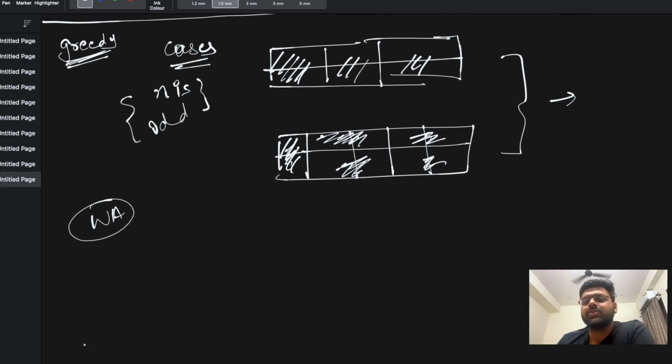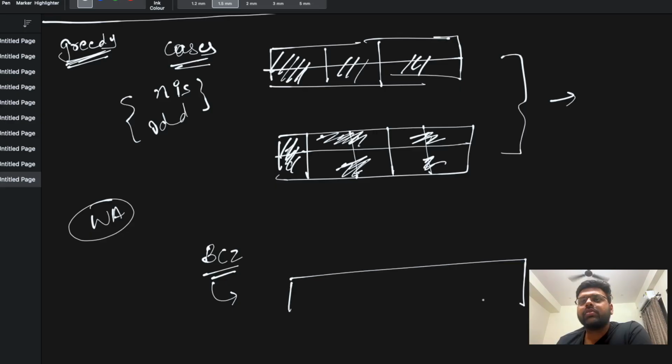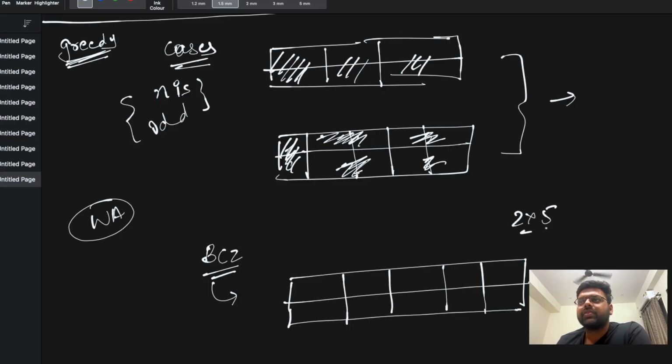Now let's discuss why we get that wrong answer. Because there could be other possible pairs as well, like these could also be possible pairs, right? Because we need to divide into n pairs. So let's suppose we are drawing this 2 cross 5. There could be a possible pair like this. This is one pair, this is the second pair, this is the third pair, this and this are the fourth pair.